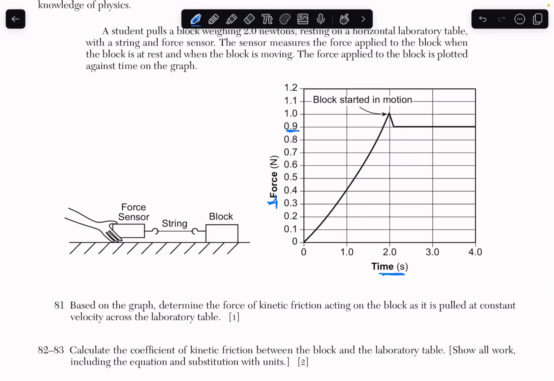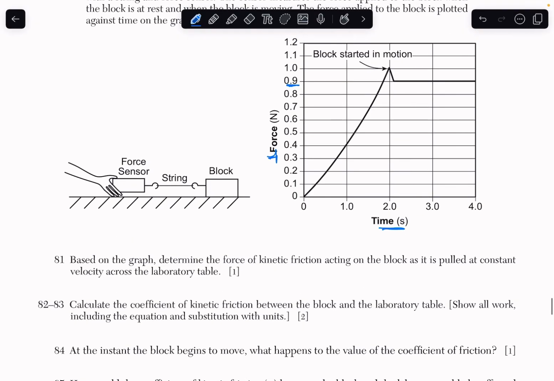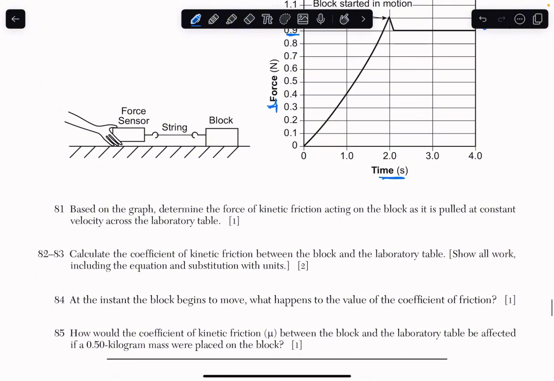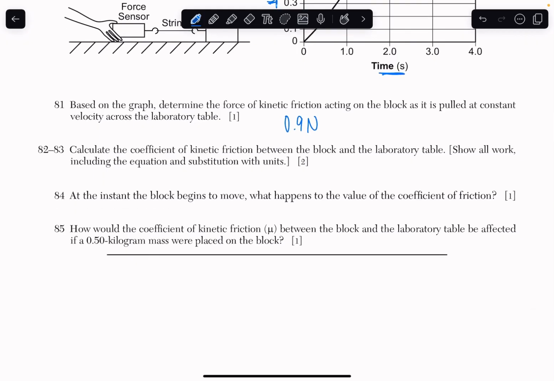Remember how F net equals 0 means that it's either at rest or constant velocity? Yeah. So here it says it's at 0.9 newtons. That's when it's at constant velocity. And if there's an applied 0.9 newtons, that means there's a frictional force of 0.9 newtons, since it's moving at constant velocity.